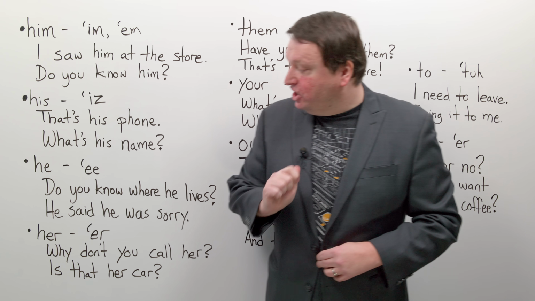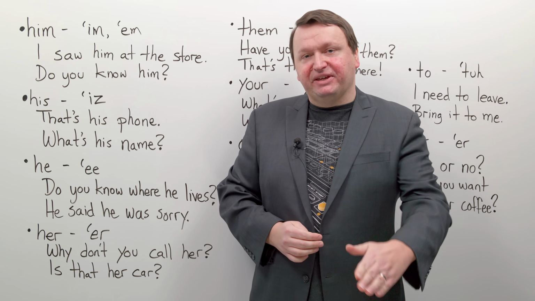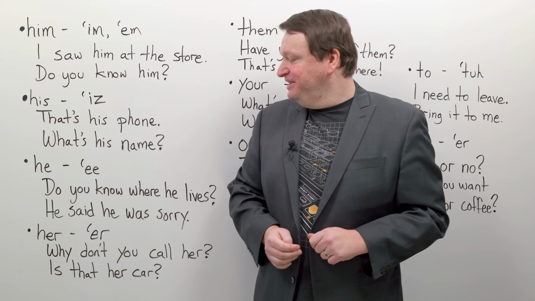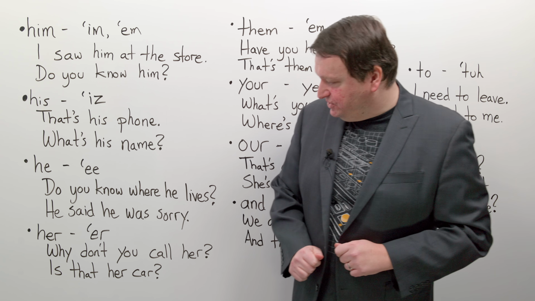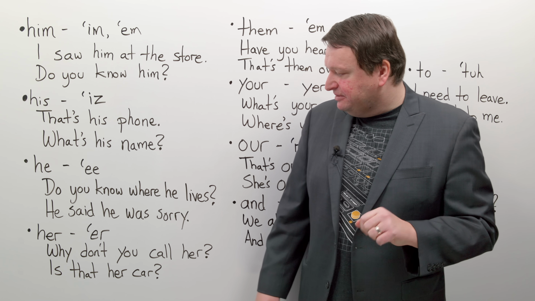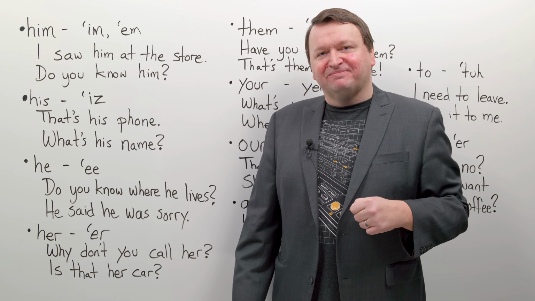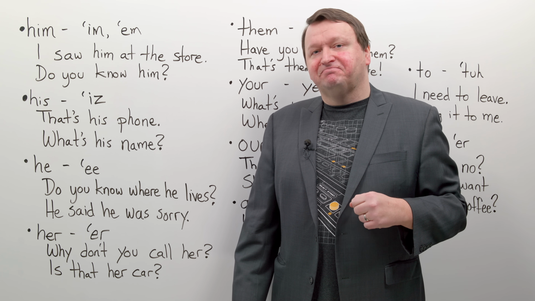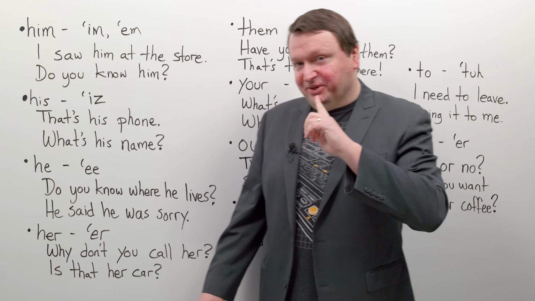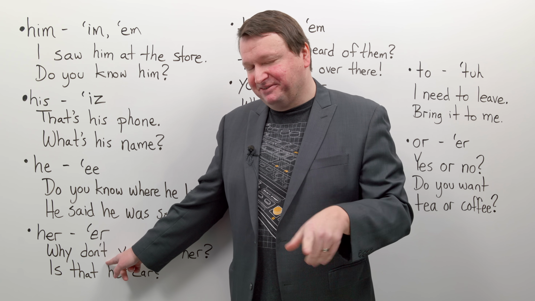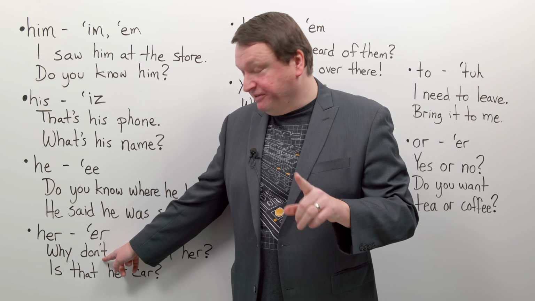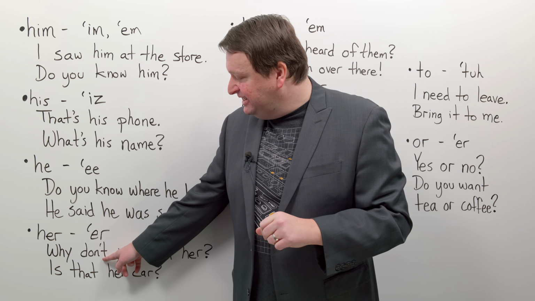Next, we have her. And again, cut the H. So here are our questions. Repeat after me. Why don't you call her? Okay. And you may have noticed I also did something with the T. This is a little bonus lesson, and I will have a future video on this topic.